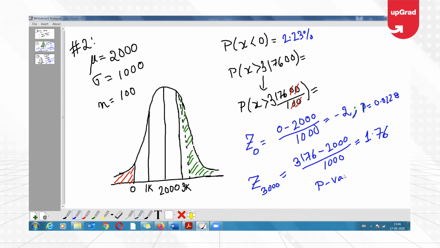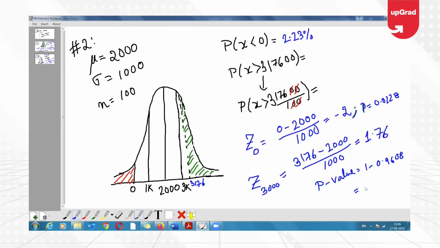So the p-value in this case is 1 minus 0.9608, as we are looking for greater than this 3176. Here is my 3176, right? The p-value which we get is always on the left side, but I did more than greater than 3176.